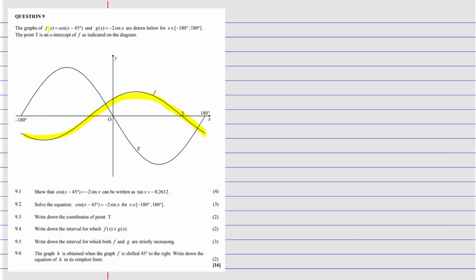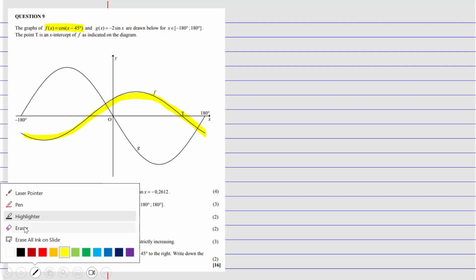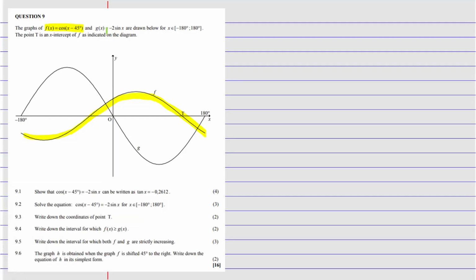So f of x is going to be the one in yellow. Let me just highlight it in yellow so we can see who is who. And they tell us that g of x is equal to negative 2 sine x, right? So it's going to be this one. They tell us to sketch below between the range negative 180 and 180.